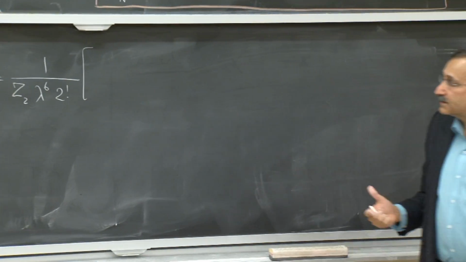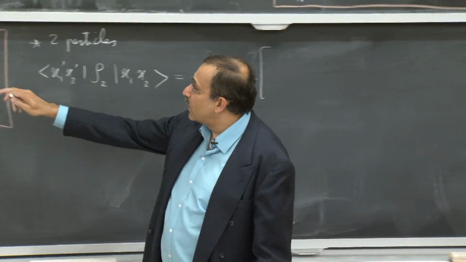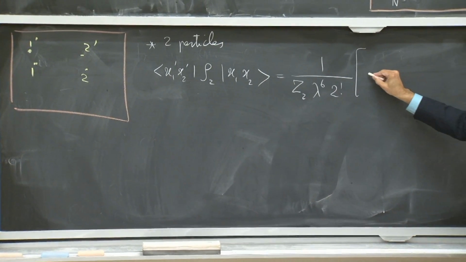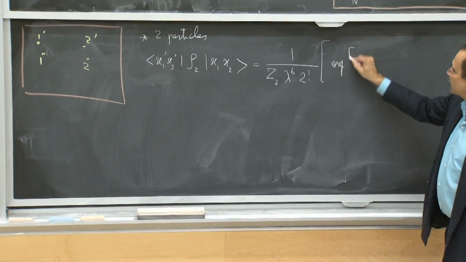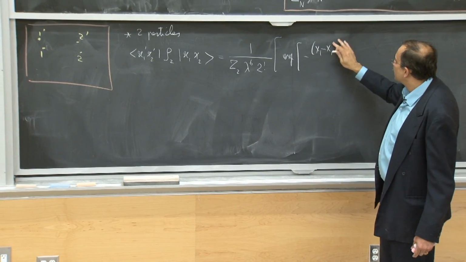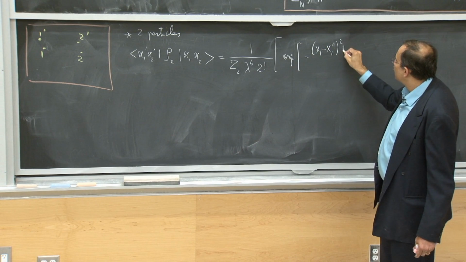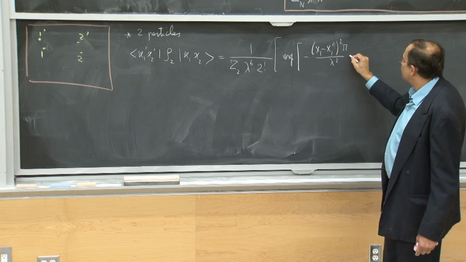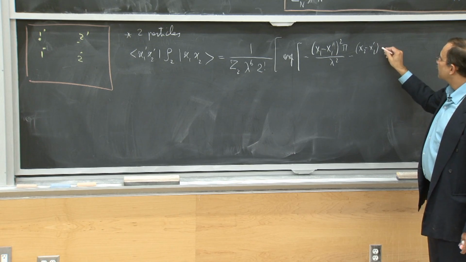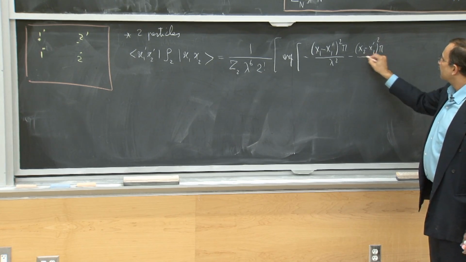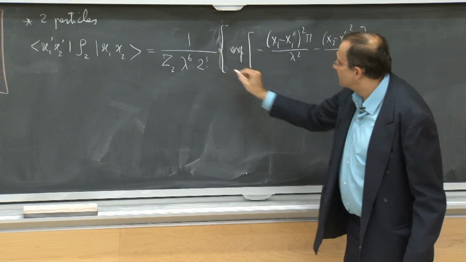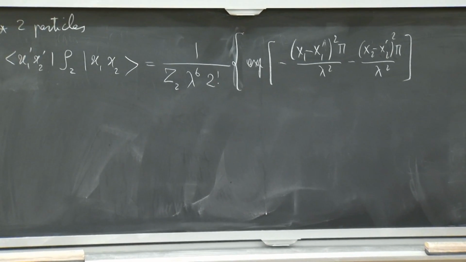So the identity maps 1 to 1, 2 to 2, and therefore what I will get here would be exponential of minus x1 minus x1 prime squared pi over lambda squared minus x2 minus x2 prime squared pi over lambda squared. Okay?